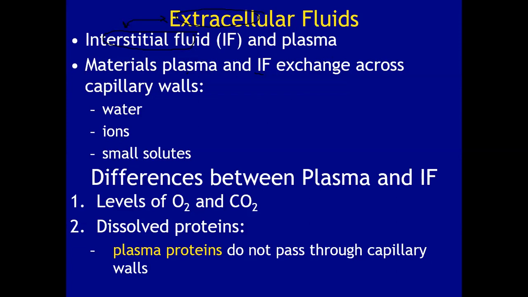So it says, number one, levels of O2 and CO2. Because the cells of the body want the O2, we've got to have more O2 in the plasma than there is in the interstitial fluid because we're going to utilize it. Likewise, the cells have created more CO2, so there's going to be more CO2 in the interstitial fluid than there is inside the bloodstream.